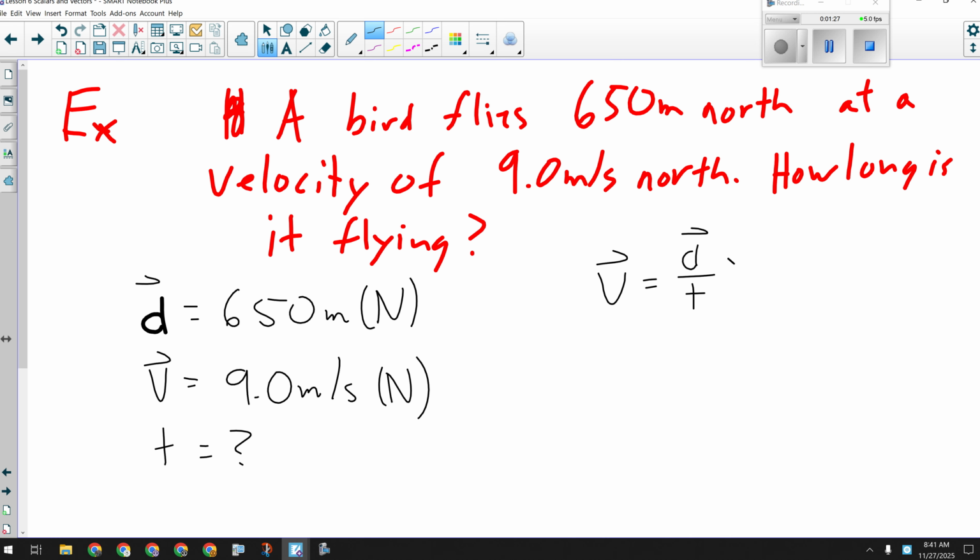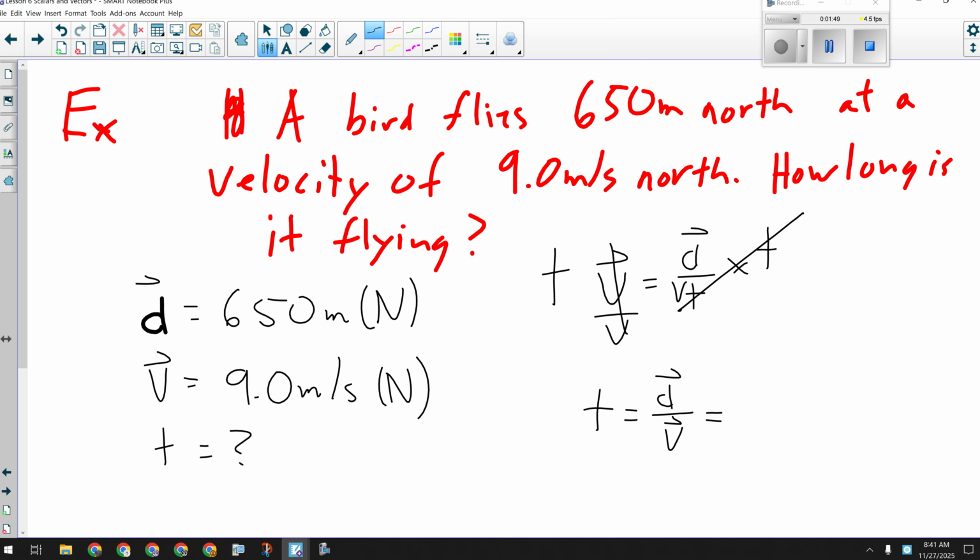So I'm going to multiply both sides by t. T comes over here, right? Now I want to get t by itself. I'm multiplying by v, so what do I do with v? Divide it over to the other side, right? Want to move something? Do the opposite. So t is going to equal d over v.